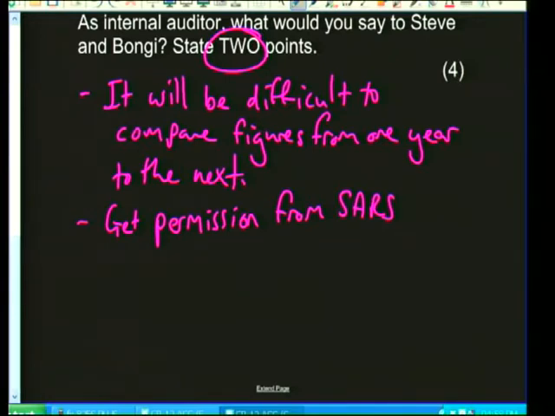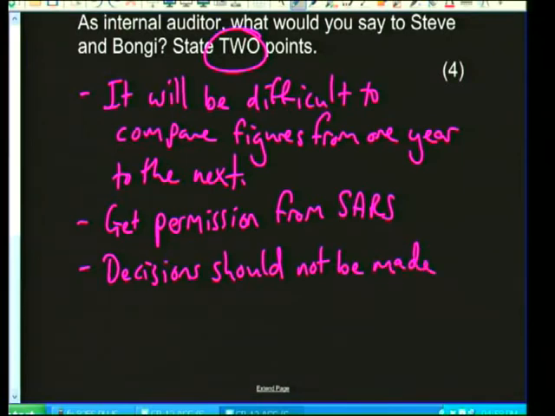Okay, another reason might just be that decisions should not just be made on what is easier. I've said that before, but we can just write it down as a point. Decisions should not be made on what is easier. We're not interested in what's the easiest calculation. We are actually interested in what gives the true and fair reflection of the value of our stock. So you could write that down as a point.